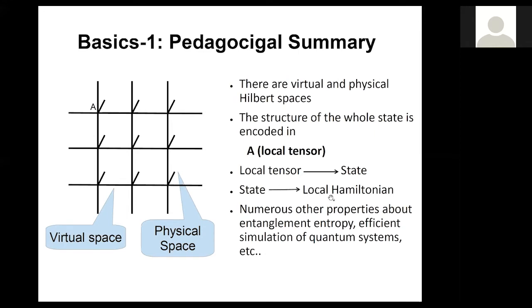So instead of doing that numerically or analytically, it is much easier, and in some problems it actually gives you a benefit, to first make an ansatz by, say, using these local tensors and try to understand the properties of these. And if you're lucky, or if your methods allow, you can actually derive the local Hamiltonian from that, such that this state is the ground state of that.